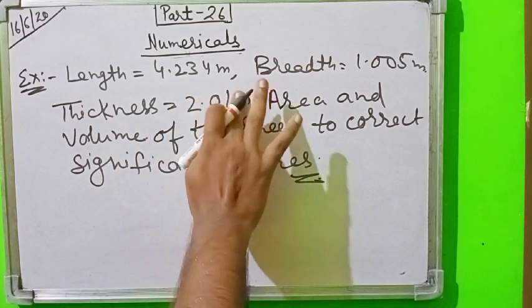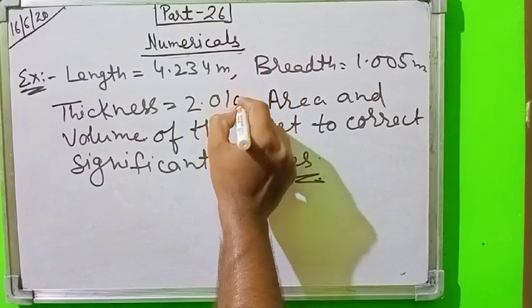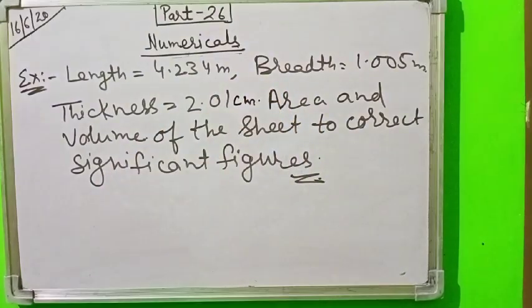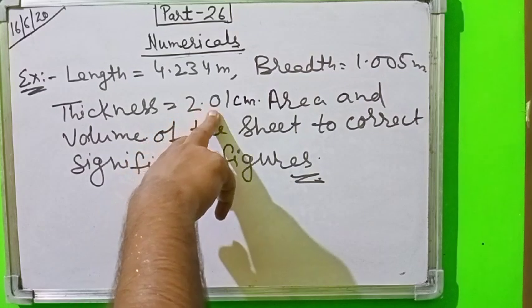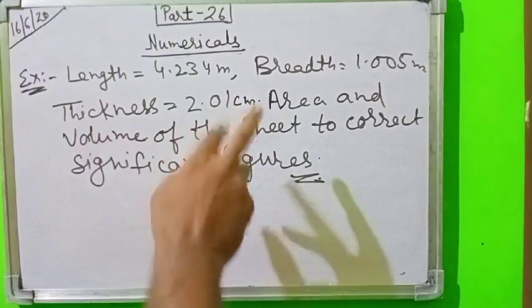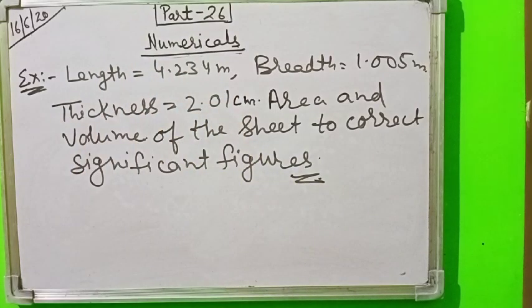The thickness is given in centimeter, so we have to convert it into meter. The area of the sheet is 2 into length into width plus width into thickness plus length into thickness. Since we have to see the least significant figures, the thickness 0.00201 consists of 3 significant figures.